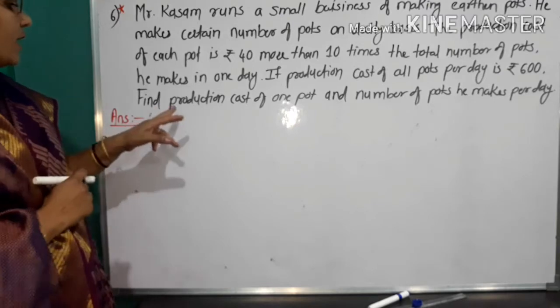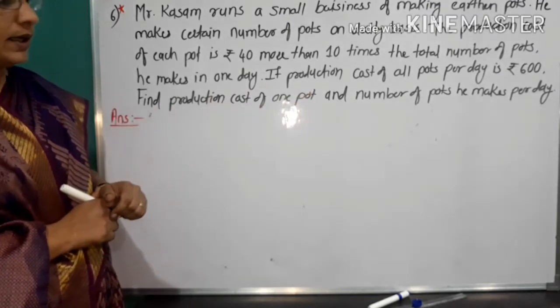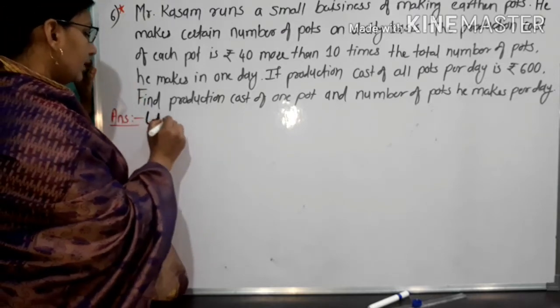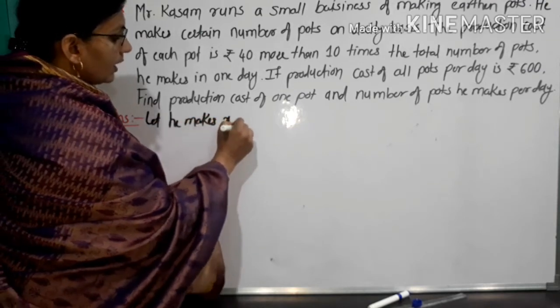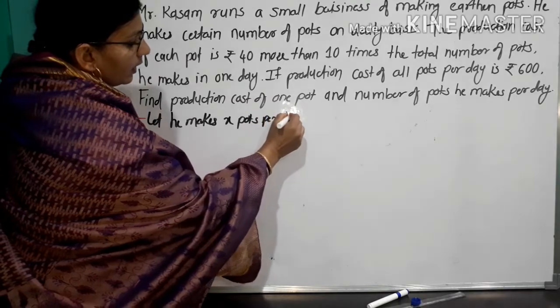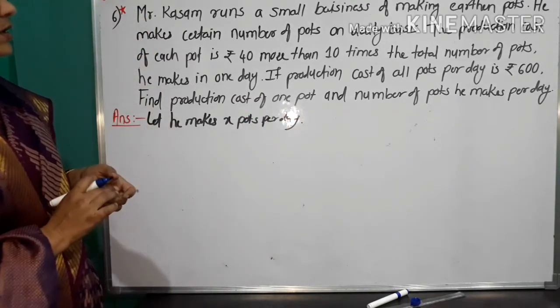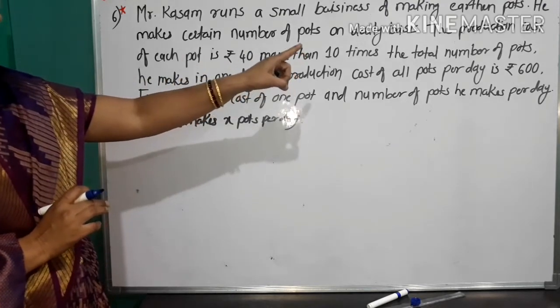Here we have to find the production cost of one pot and the number of pots he makes per day. So let us consider that he makes x pots per day. The production cost of each pot is 40 more than 10 times the total number of pots.